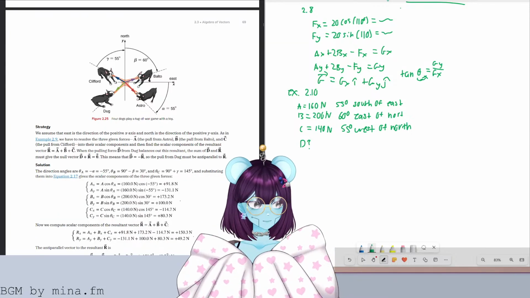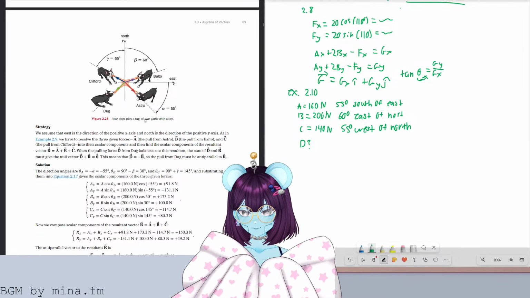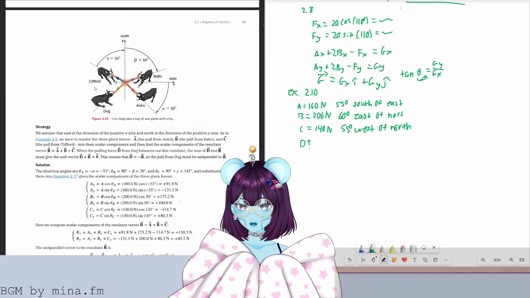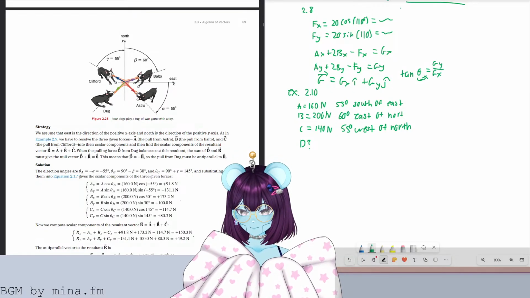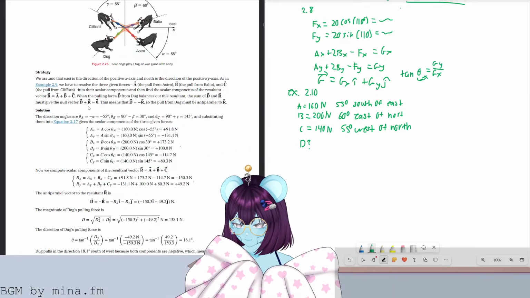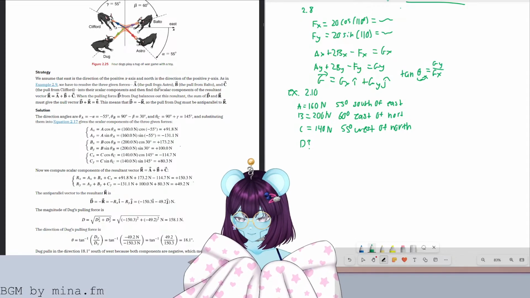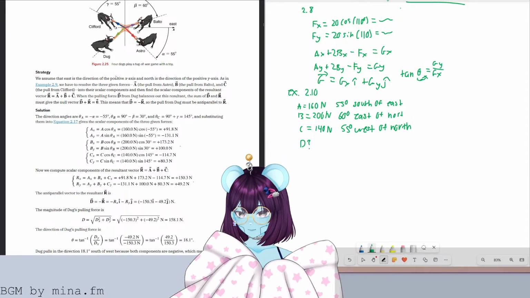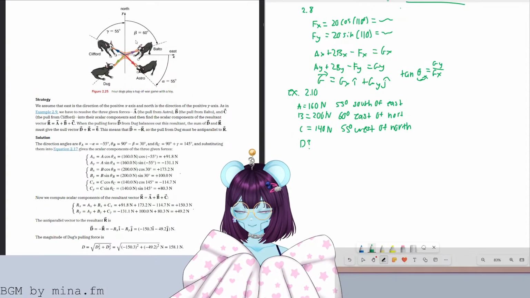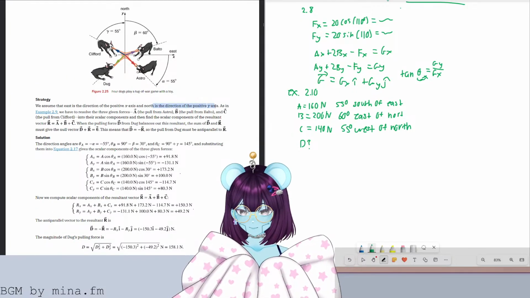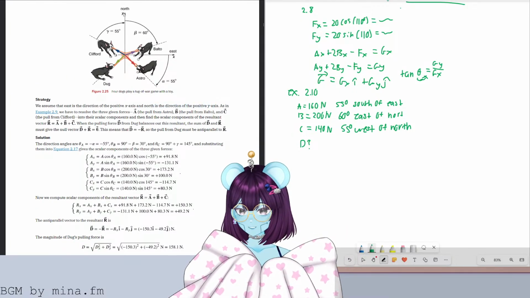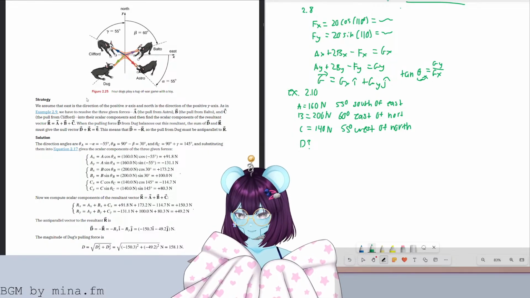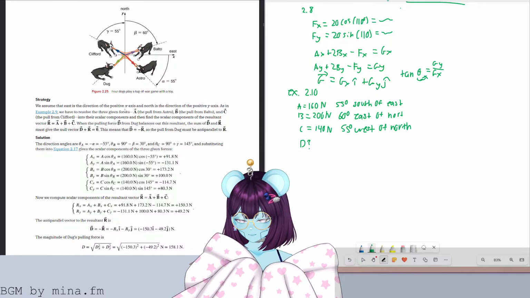So here we have the little diagram of the cute little dogs pulling in all their directions. The strategy that they say we should use is to assume that east is the direction of the positive x-axis and north is the direction of the positive y-axis, as in the example from a while ago.